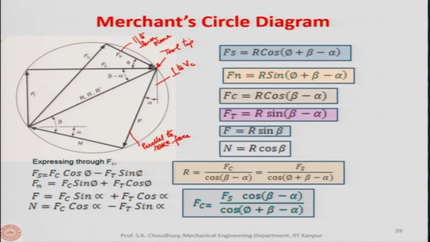And if this is the shear plane angle, then you can find out this will be the friction angle minus alpha, because this angle is 90 degree, this angle is 90 minus alpha and so on. This angle you will know as 180 minus 90 minus beta, and so on. So, you will find that this angle is actually equal to the friction angle minus the rake angle.